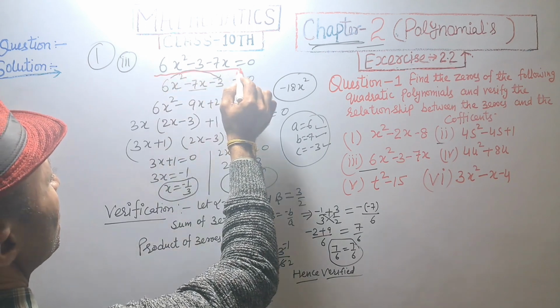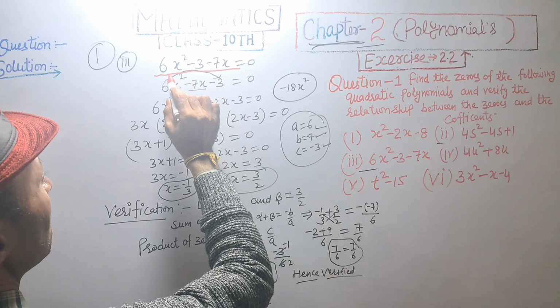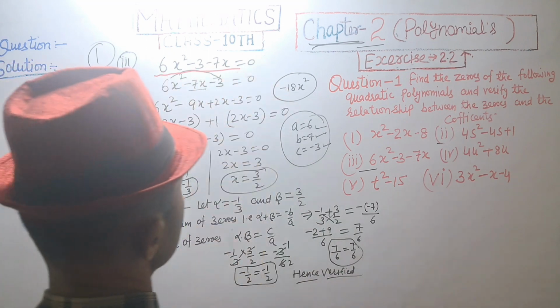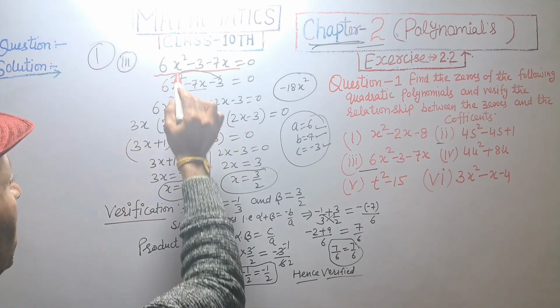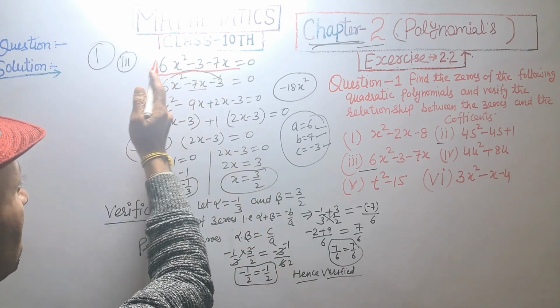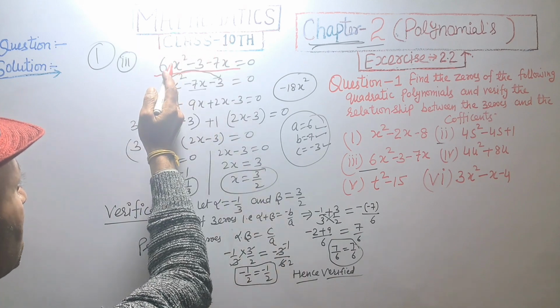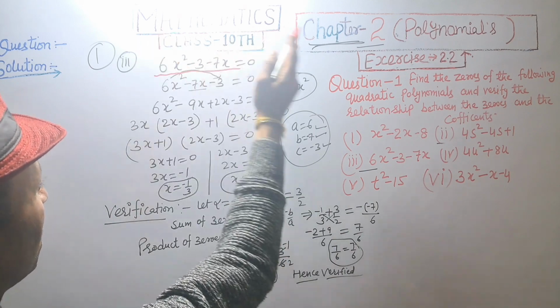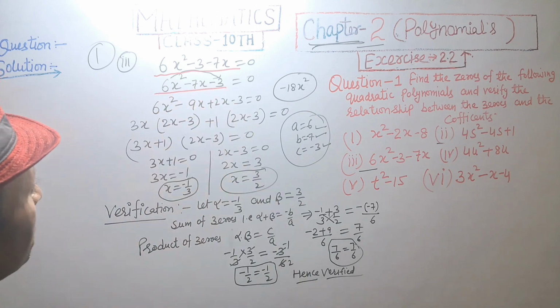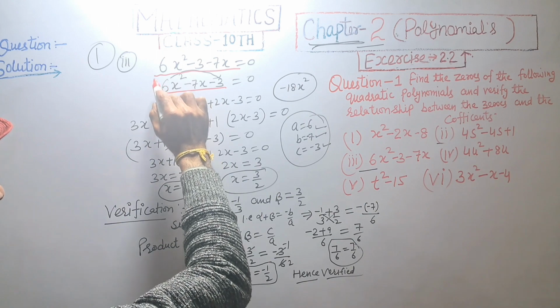Given quadratic polynomial is 6x square minus 3 minus 7x equal to 0. We can write it as 6x square minus 7x minus 3 equal to 0. It's a quadratic form, and we are splitting by middle term.